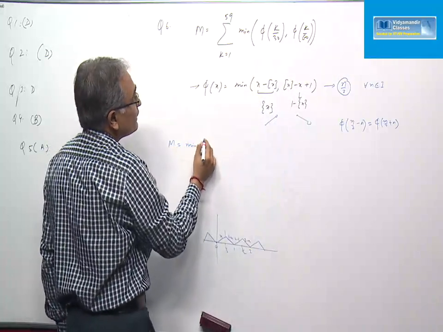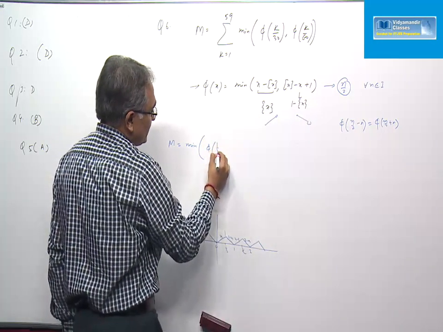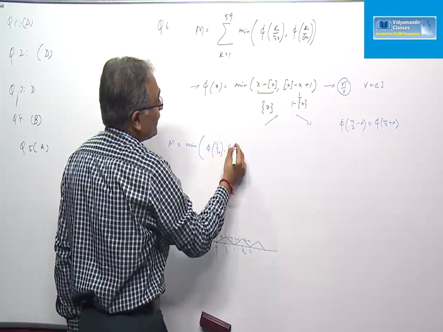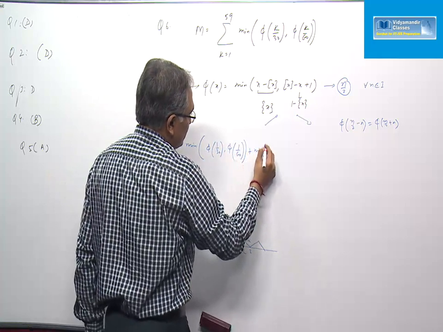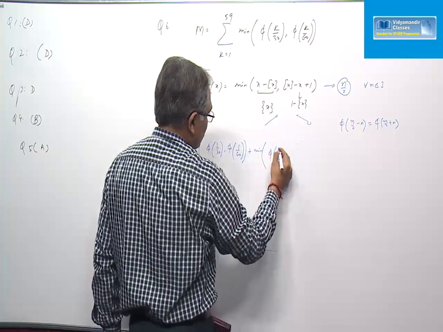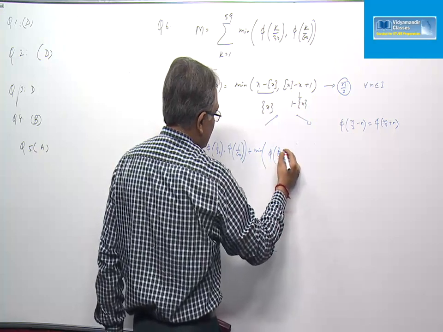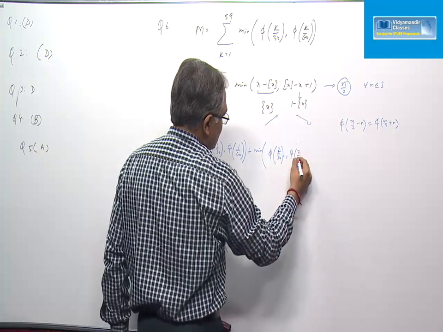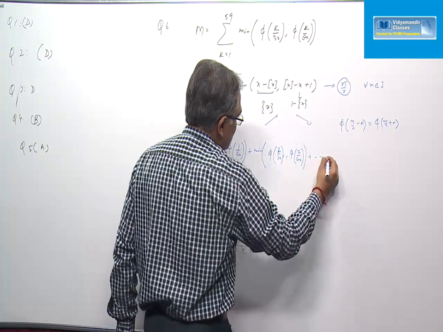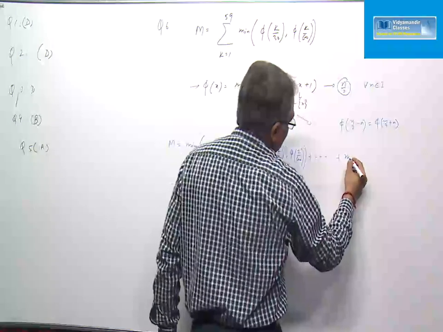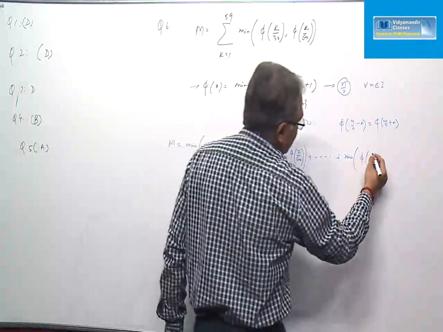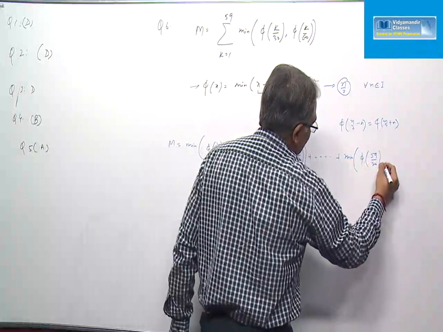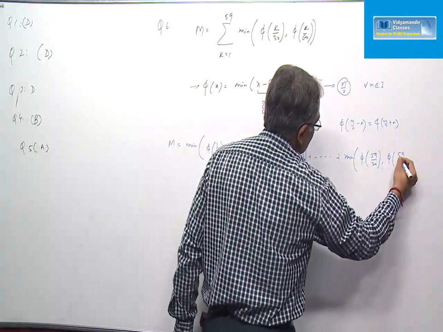Minimum of phi of 1 by 30, phi of 1 by 60, plus minimum of phi of 2 by 30, phi of 2 by 60, and so on and so forth till minimum of phi of 59 by 30, phi of 59 by 60.